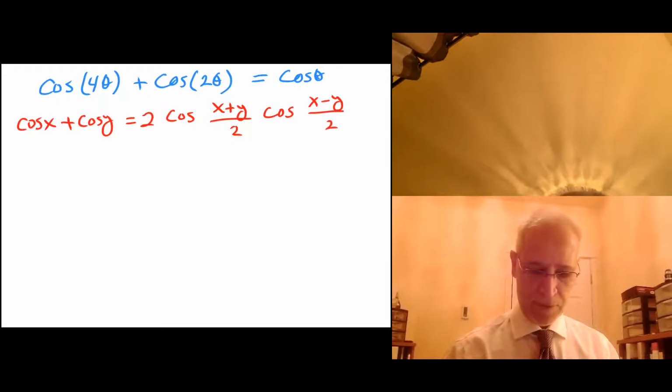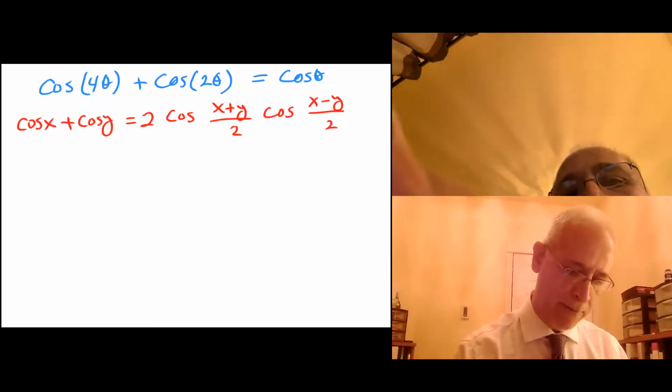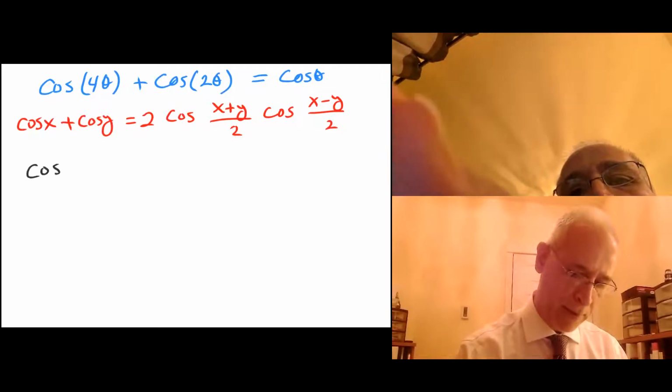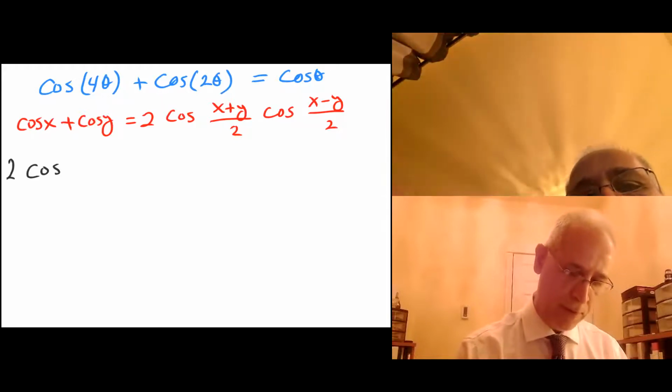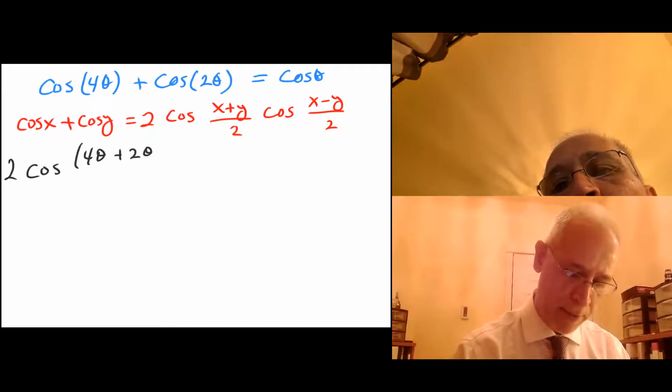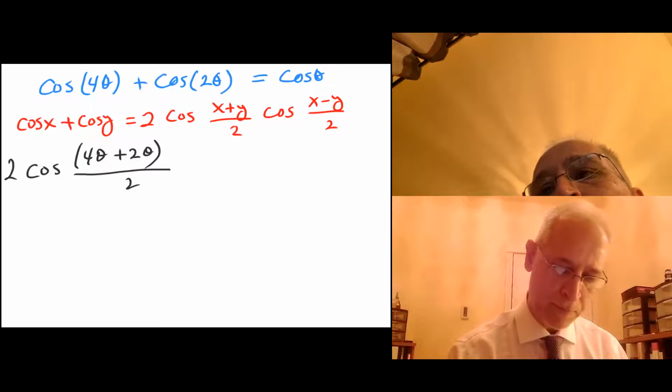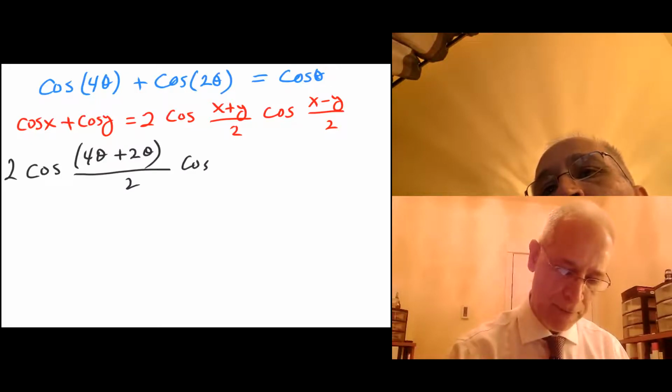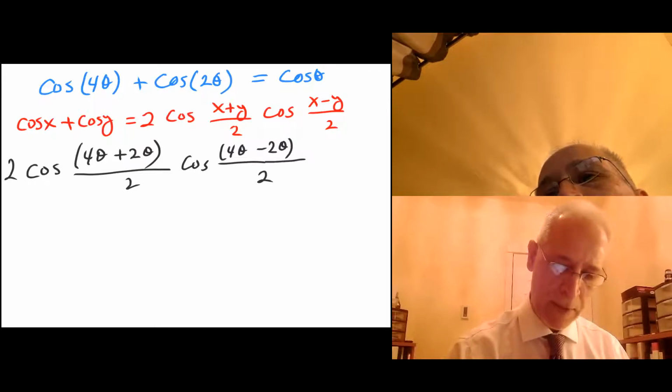Now, following this formula, I'm going to have twice cosine of (4 theta plus 2 theta) over 2, times cosine of (4 theta minus 2 theta) over 2, equals cosine of theta.